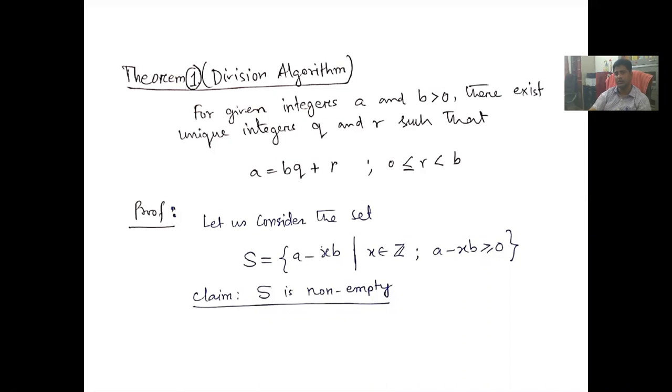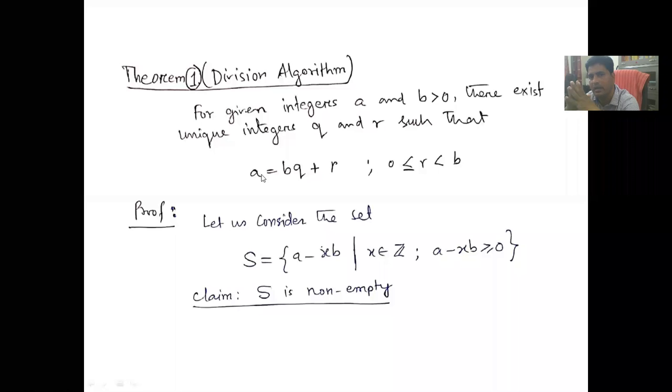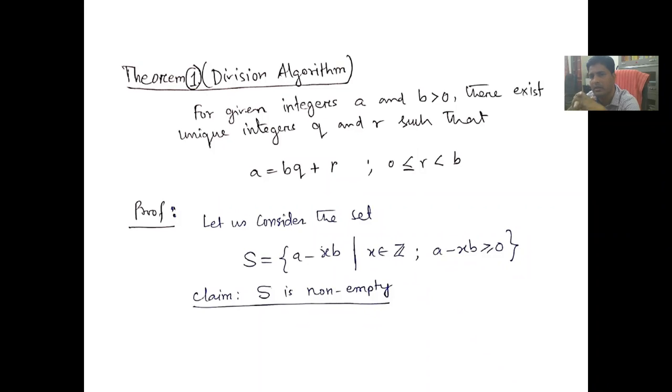And b should be positive, b greater than 0. Then there exist unique integers q and r such that a equals bq plus r, where 0 is less than or equal to r, which is strictly less than b. For any two numbers a and b, a can be written as bq plus r for some unique integers q and r.